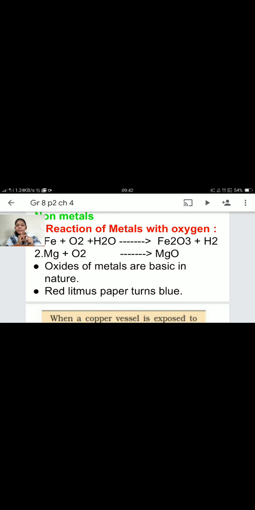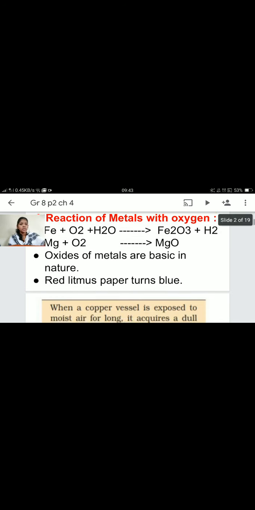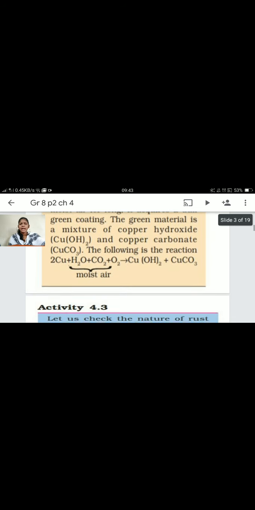When red litmus paper turns blue, it is a basic solution, and when blue turns red, that is an acidic solution. So here all the metal oxides are basic in nature. I hope you have understood this activity, and please write that answer in your textbook.